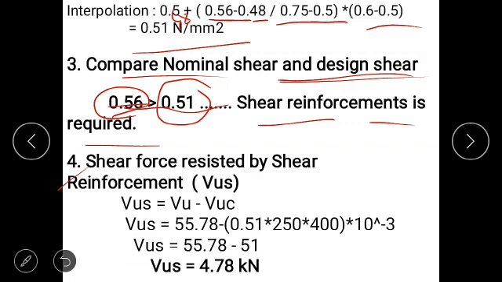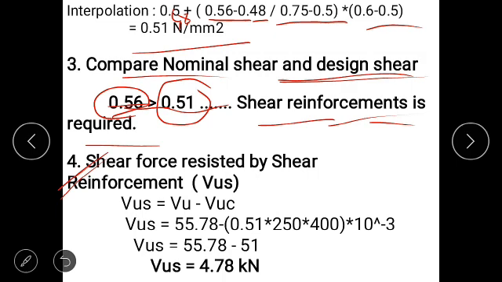Due to this third step, shear reinforcement is required, so after that we have to do step number 4. If shear reinforcement is not required, then there is no need to use step number 4.